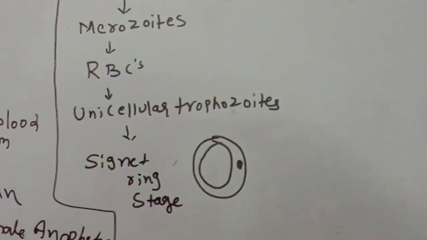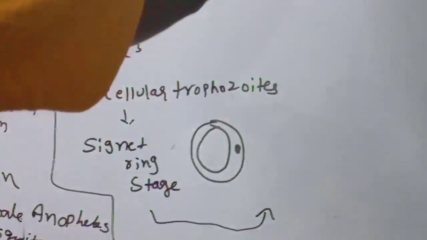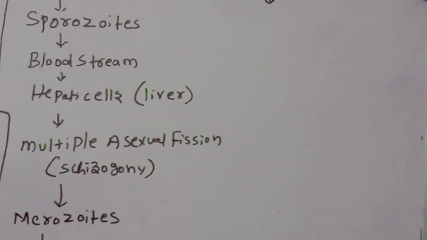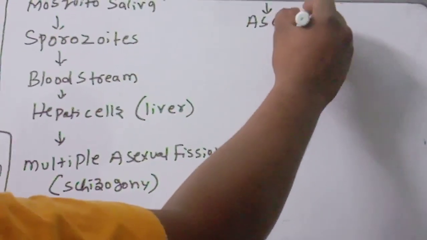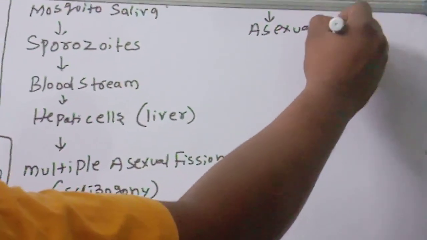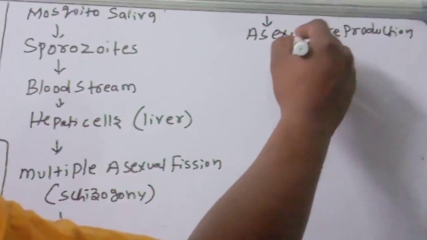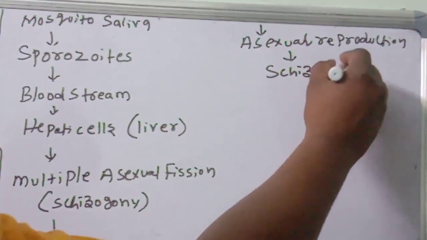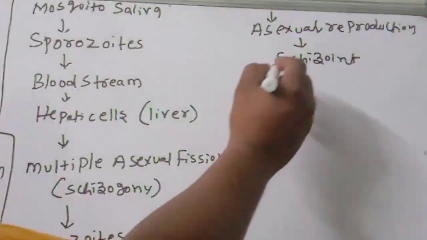Then, children, the trophozoites divide asexually. Asexual reproduction takes place. Then they show the schizont stage. This is very important.